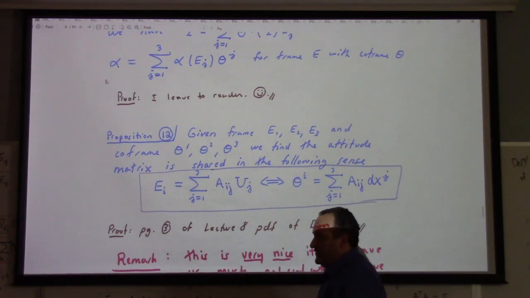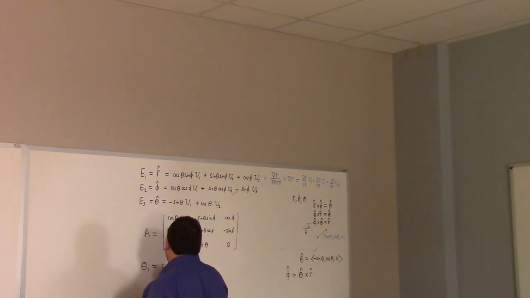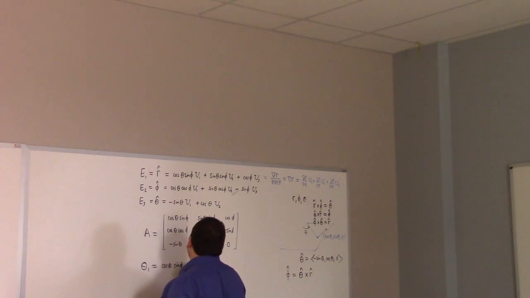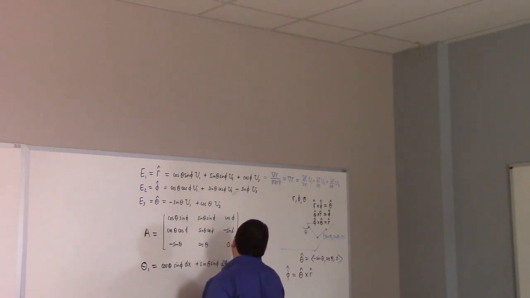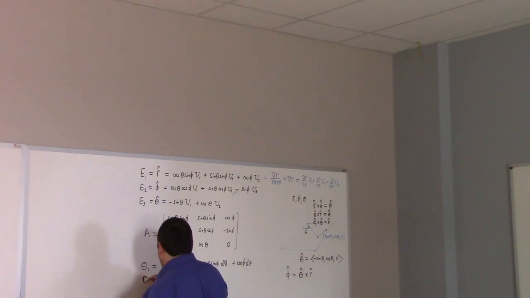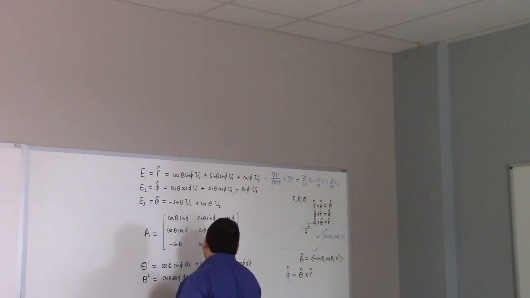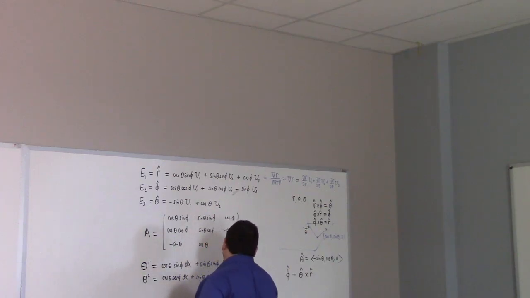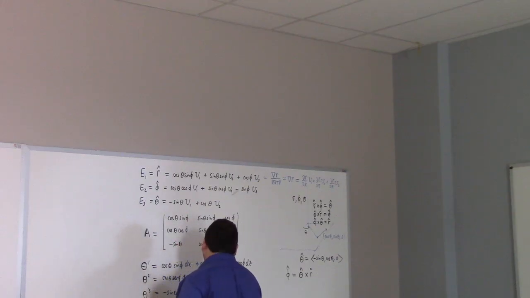In other words, I can straight away write down for the spherical frame that theta 1 is equal to cosine theta sine phi dx plus sine theta sine phi dy plus cosine phi dz, and theta 2 is cosine theta cosine phi dx plus sine theta cosine phi dy minus sine phi dz, and theta 3 is minus sine theta dx plus cosine theta dy, if you like.